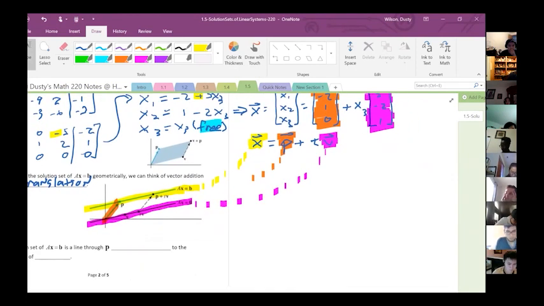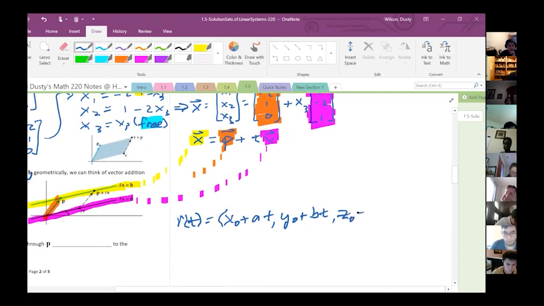So in Calc 3, you might have had r of t equals x naught plus at, y naught plus bt, z naught plus ct, something like that.